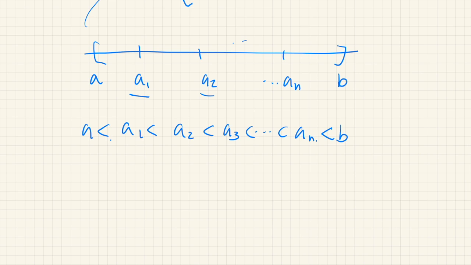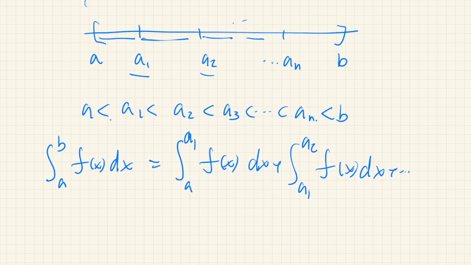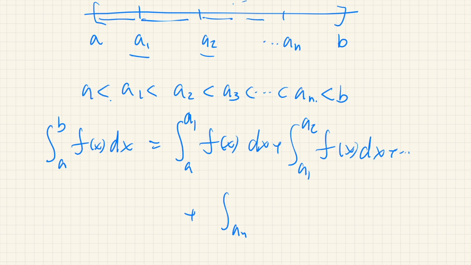If we split this integral from a to b of a function f of x into subintervals, in each of which the function is continuous: so a to a1, and a1 to a2, and so on, and an to b.